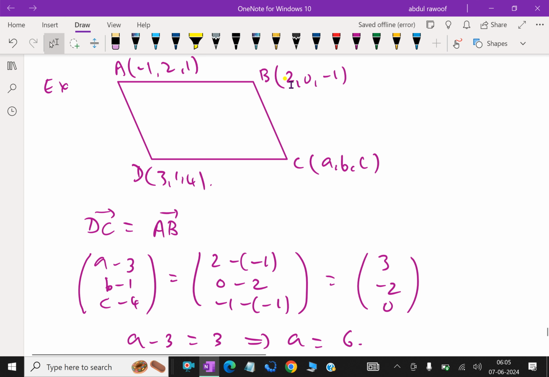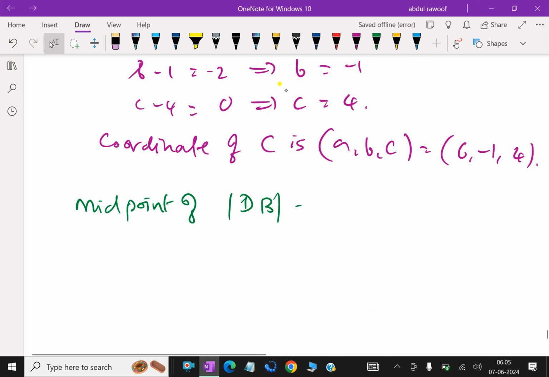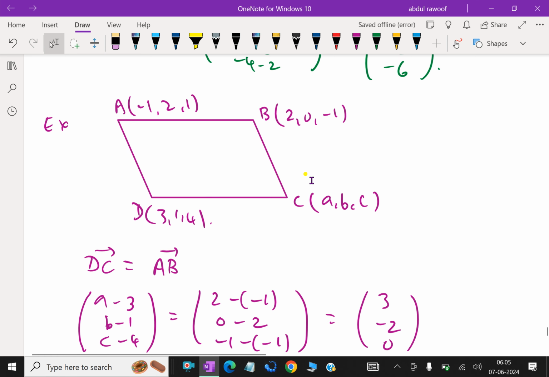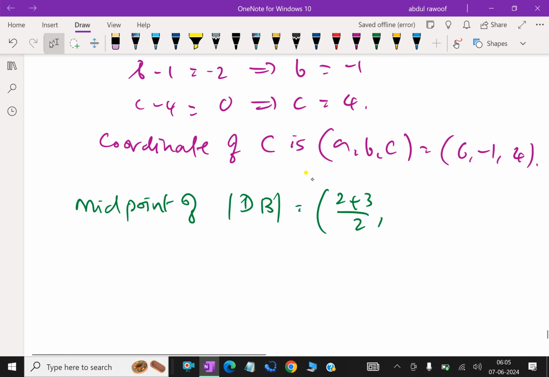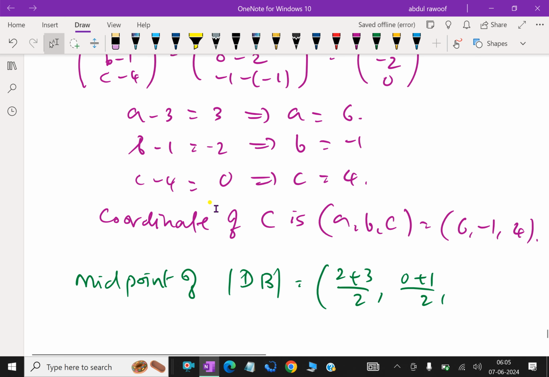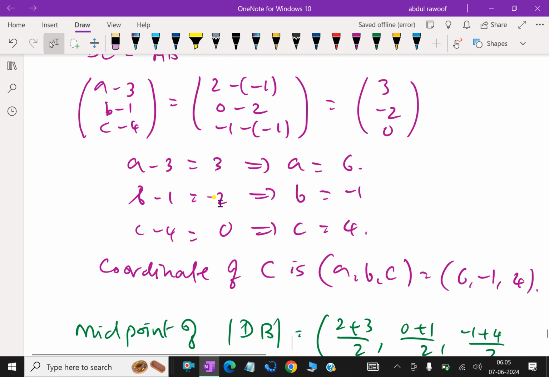That is 2 plus 3 by 2, 0 plus 1 by 2, and the last coordinate, minus 1 plus 4 divided by 2.